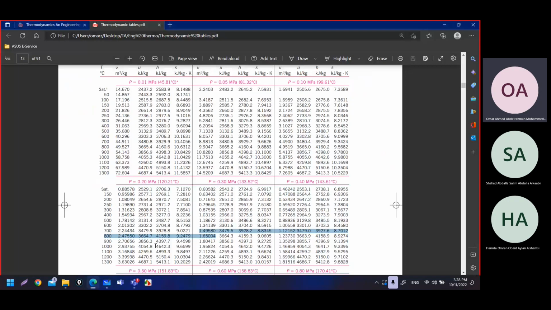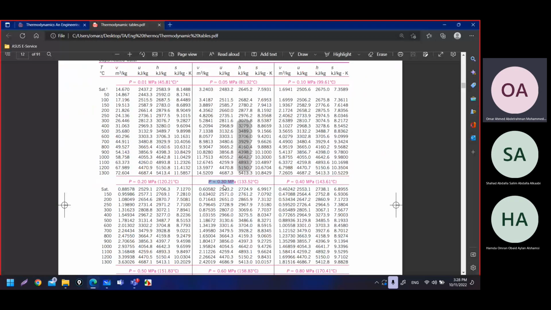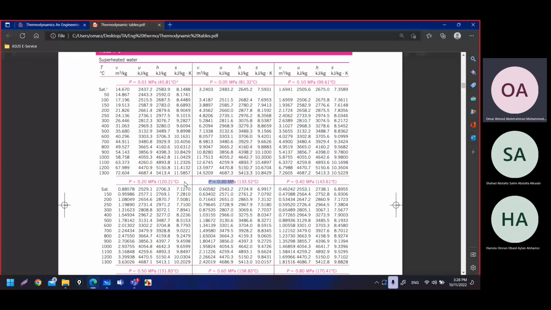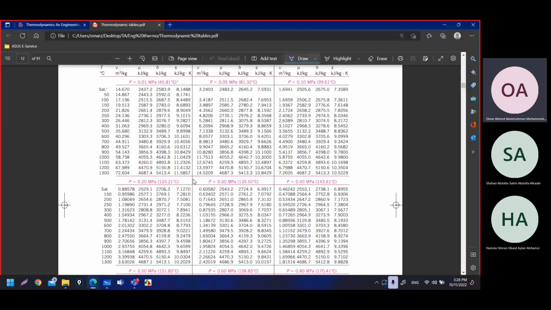Then you will get an answer for the temperature from the pressure 0.2 megapascal and an answer for the temperature from the 0.3 megapascal. You will take these two answers and divide by 2, because my pressure is exactly between 0.2 megapascal and 0.3 megapascal. Then my temperature also is between the answer from 0.2 megapascal and 0.3 megapascal.